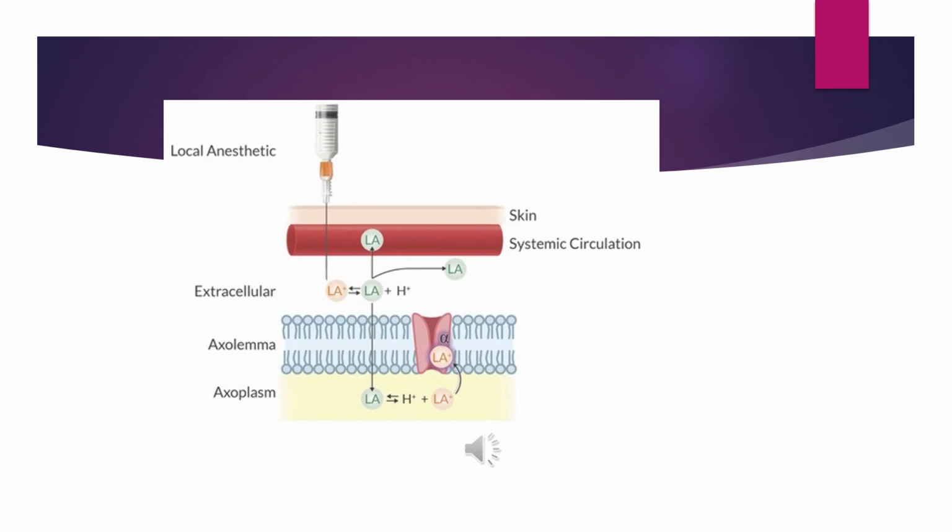In the topical route, there are different rates of absorption according to the mucous membrane. Tracheal mucosa has a very good rate of absorption. Then comes the pharyngeal mucosa, and esophageal or bladder mucosa has the poorest rate of absorption. And in IV, it's 100% bioavailability.